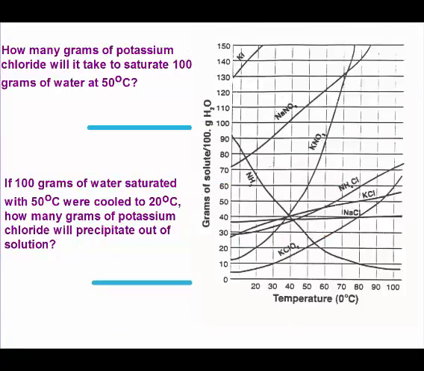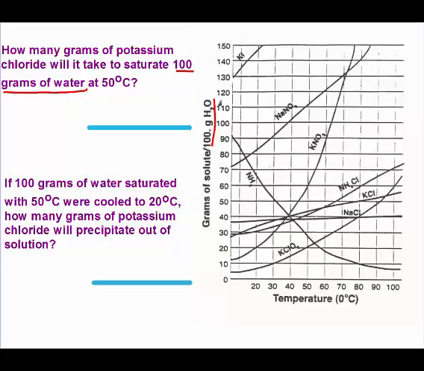On the first question, it says, how many grams of potassium chloride will it take to saturate 100 grams of water at 50 degrees Celsius? When solving these problems, the 100 grams of water is not going to make a difference as long as it's 100 grams, because in the graphic, it's how many grams of solute for every 100 grams of water. They have to specify how much water because if you increase the water, more solute will dissolve.